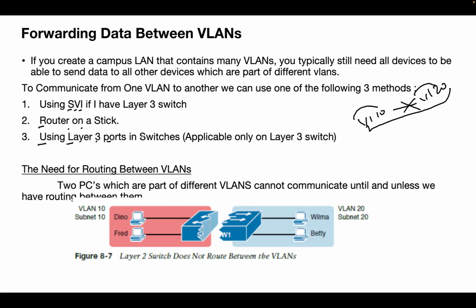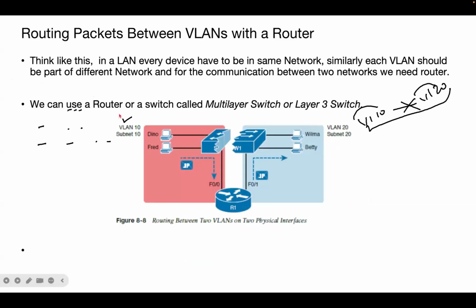There are three methods available. Out of these three, we have only one topic called router on a stick as of now in CCNA. So we'll focus on that one.